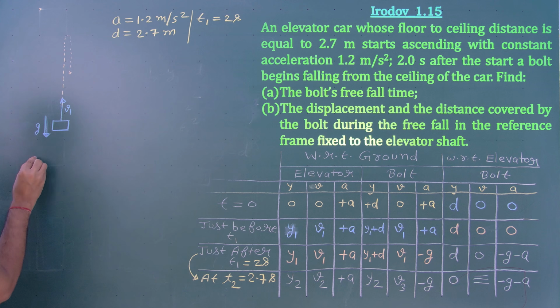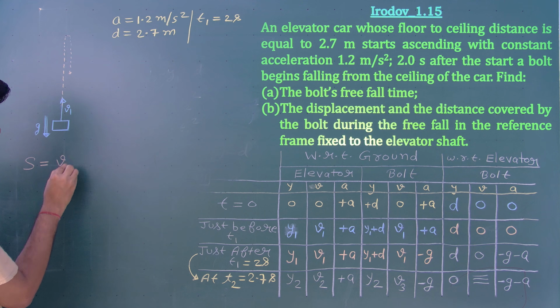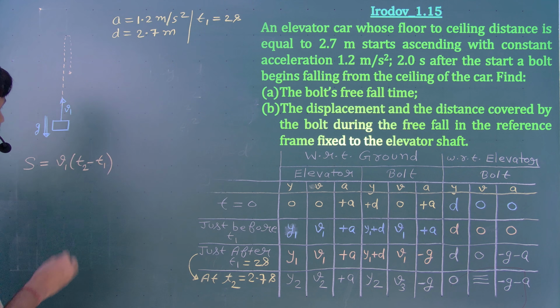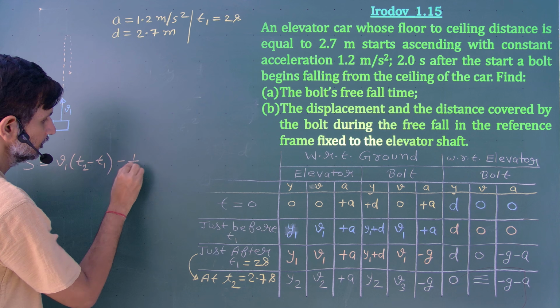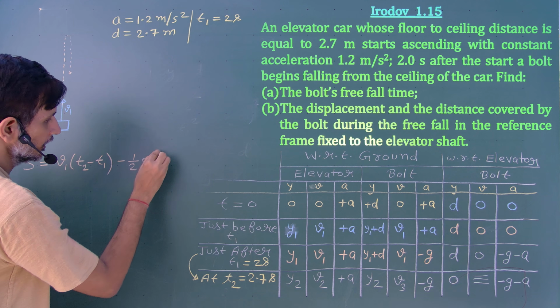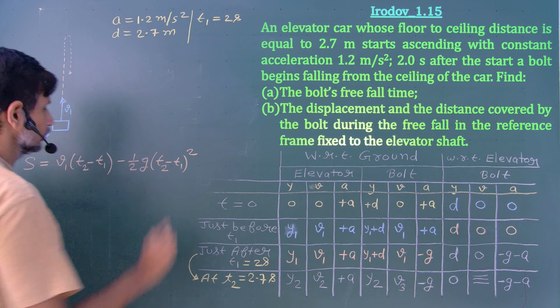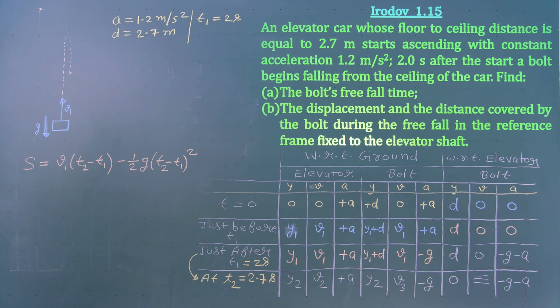So this is the displacement. Displacement S equal to v1 into (t2 minus t1) minus half g (t2 minus t1) square. What is the value of v1?